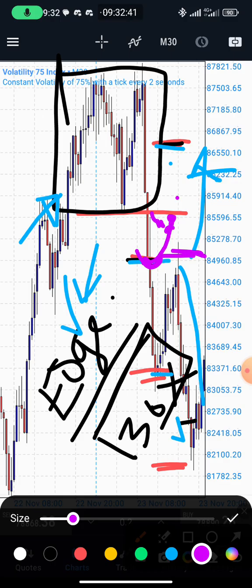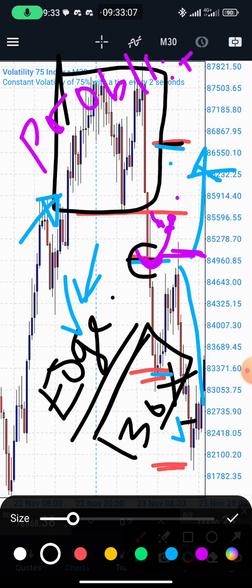Meaning the losing trader is not thinking in probability. He's not having probabilistic thinking. Like I told you guys in the previous parts of these discussions, you need to think in probability, because 1 million things could happen here. Let me use black now.